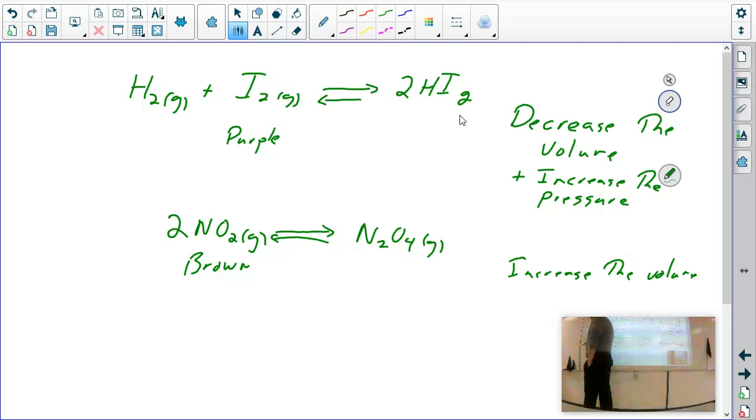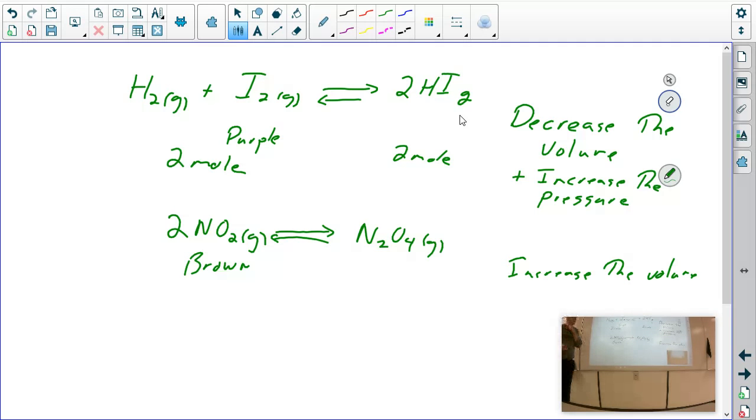When we decrease the volume, we're going to increase the pressure. Now, the system's going to want to try to minimize that increase in pressure. Looking at this one here, I've got 2 moles of gas, and I've got 2 moles of gas. There isn't a side that has fewer molecules than the other.